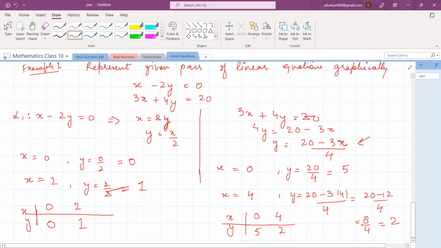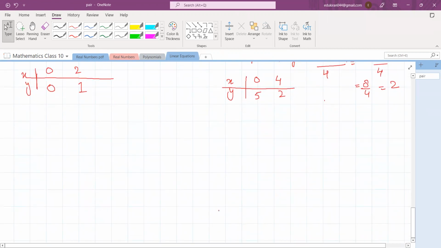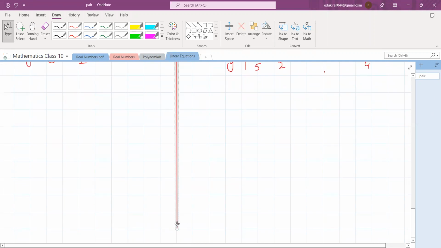And for this chapter, you have to actually use a graph paper, right? For the questions, I'll do it with a pen, but you have to use a graph paper for this exercise. Ma'am, we can do it in a graph book, or should we stick to the graph paper?